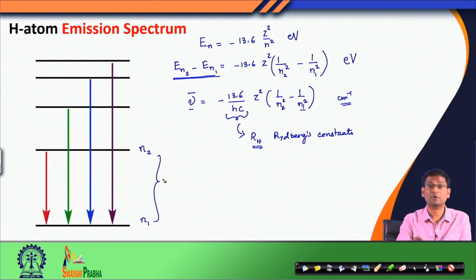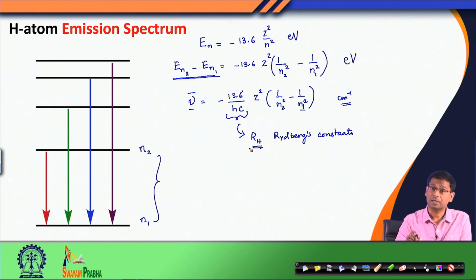So, all the series, Lyman, Balmer, Paschen and so on, could be described by a single relation using this Rydberg constant, and now we see that we are reproducing this Rydberg constant from the energy levels that we obtain from the quantum mechanical solution of the hydrogen atom problem.